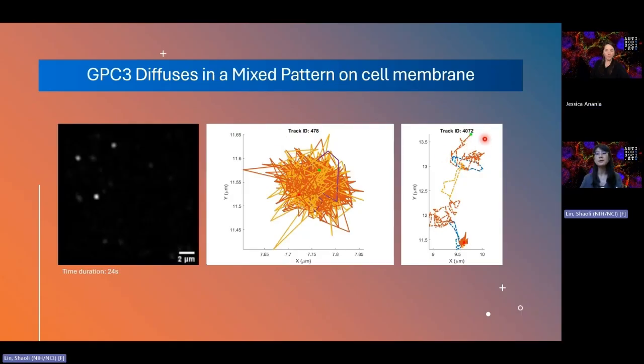And other molecules are moving in a very mixed pattern, where at the beginning it moves in a confined motion, and then it jumps to another compartment by a free diffusion pattern. And after moving for a while, it keeps jumping to other compartments, moving in a confined motion. Yeah, so this is our understanding of GPC3 single molecule diffusion on the cell membrane.